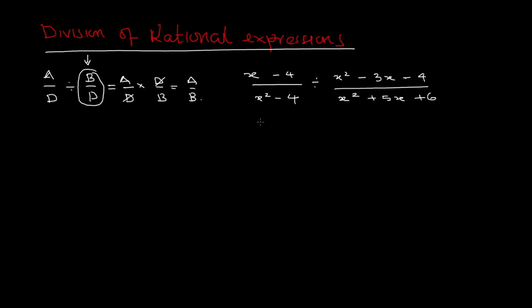So here, what am I going to do? I'm going to maintain my x minus 4. And then what else can I do here? I'll simplify this. We know that this is the difference of squares. So it'll be x minus 2 and then x plus 2. I then multiply, because I flip these.